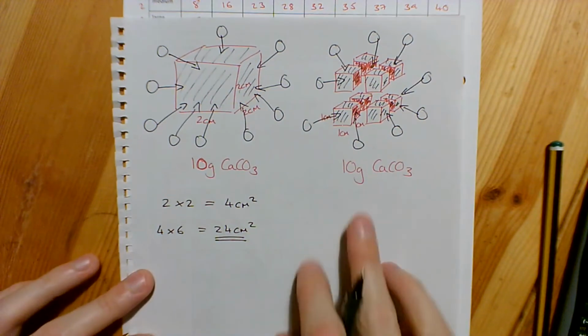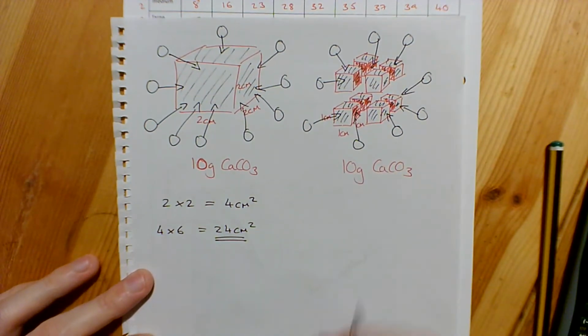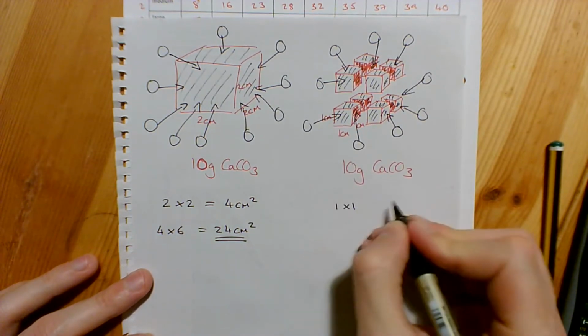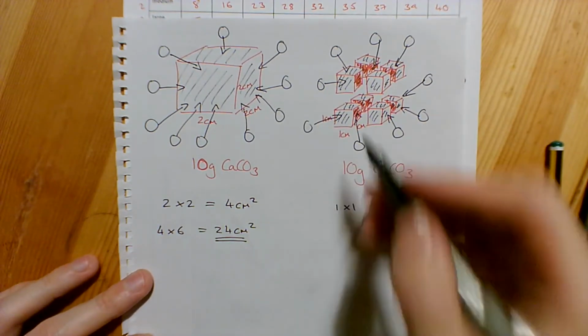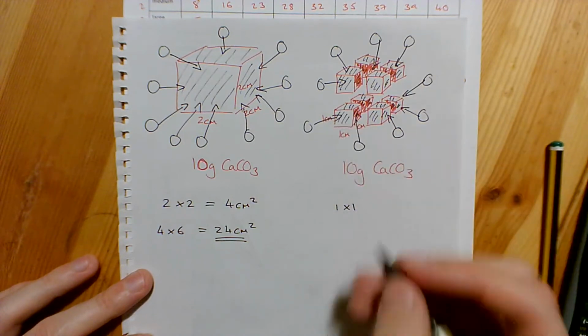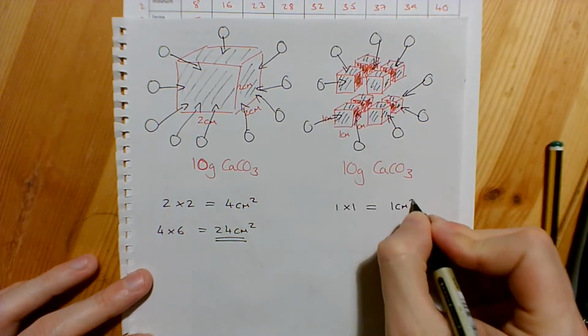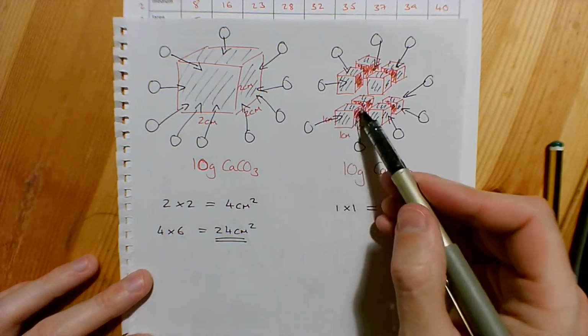Okay, now let's look at this calcium carbonate. Now each one of these cubes individually has a 1 by 1 cross section. So each face is 1 by 1, which is equal to 1 centimeter squared. And each cube has 6 faces.